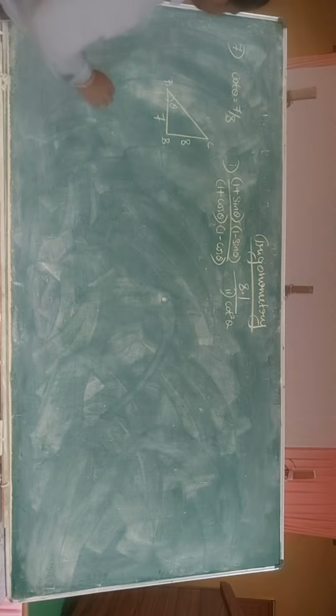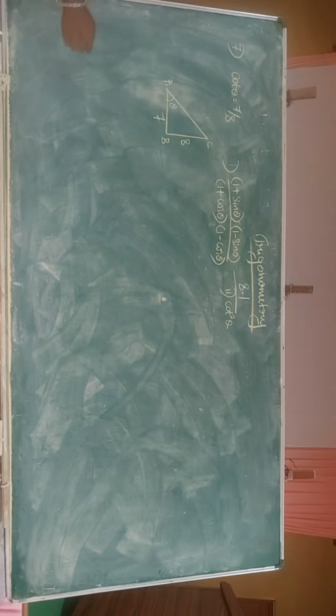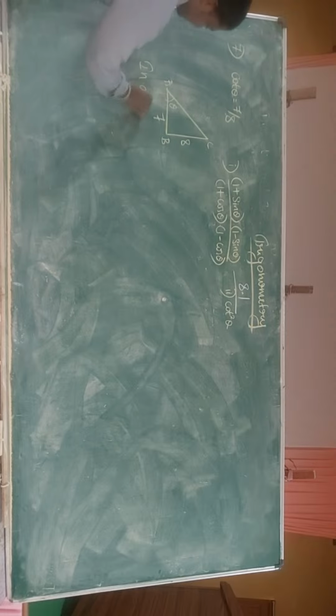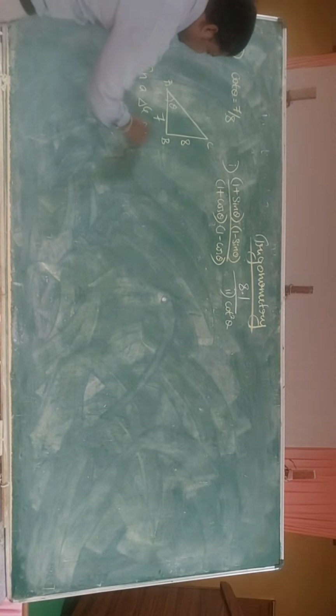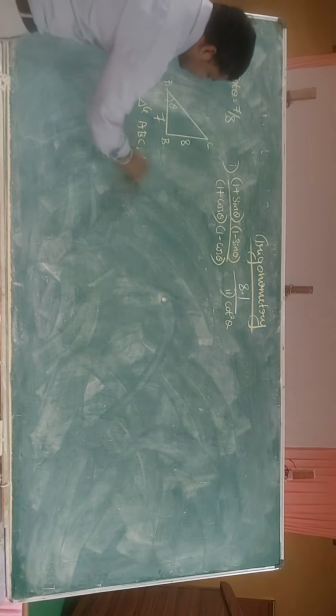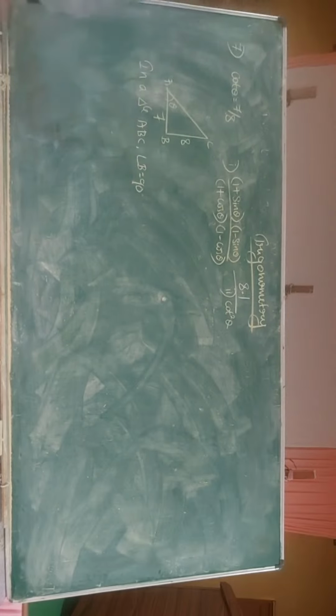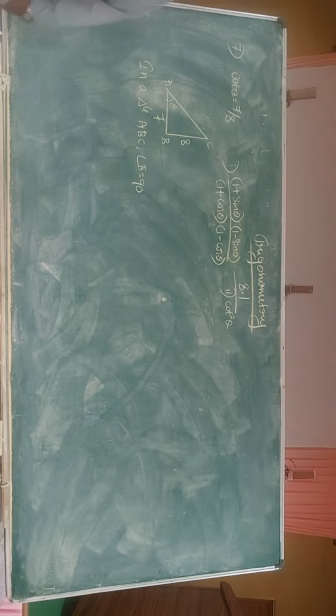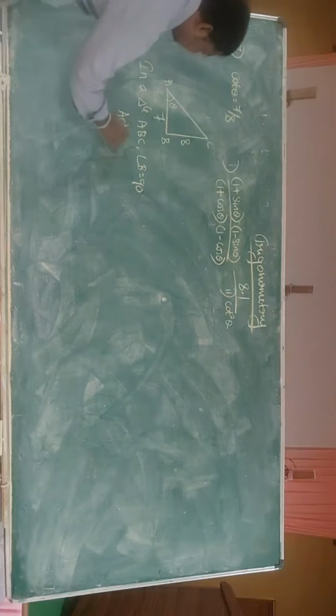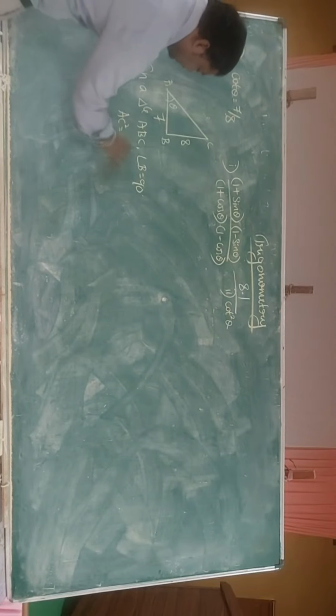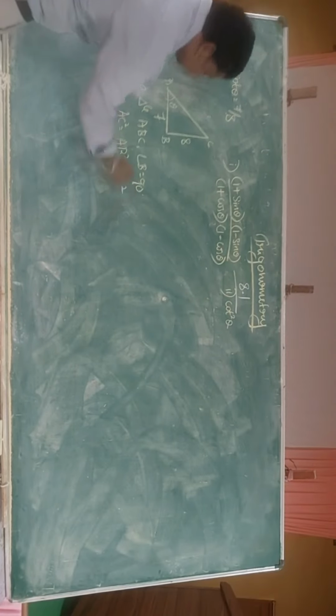Again, Pythagoras theorem you can take. In the beginning I told you, this whole trigonometry depends upon the right angle triangle and Pythagoras theorem. In right angle triangle ABC, angle B is equal to 90 degrees. The square of the hypotenuse is equal to the sum of squares of the other two sides, that is AC square is equal to AB square plus BC square.